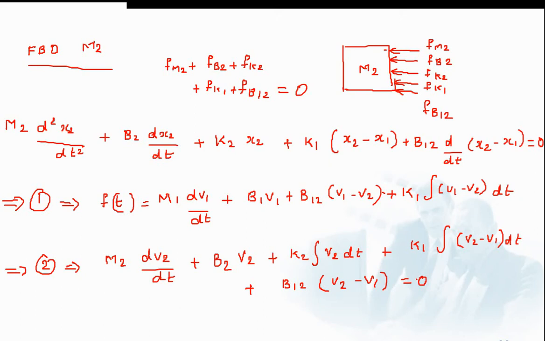So first we have to write the free body diagram with respect to m1 and m2. Now write the equation in terms of displacement, then you can convert it into velocity.